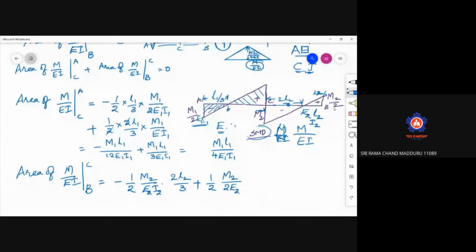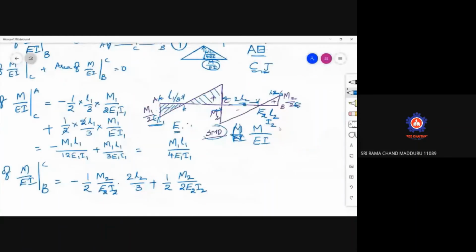So you know that M by EI, this will be E2 I2, and this term will be M2 by E2 I2 into the length, which is L2 by 3.